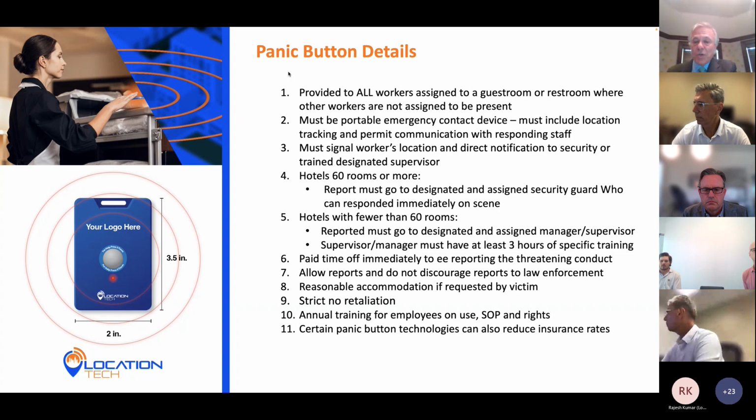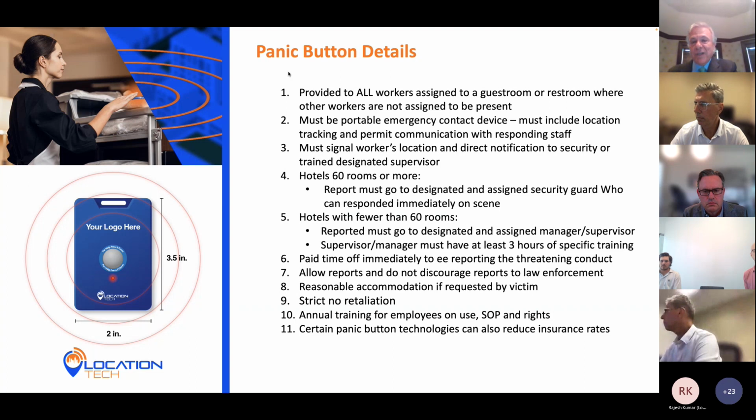There's a very strong no retaliation provision. You can't retaliate if an employee decides to use the panic button, as long as it's not completely in bad faith. You also can't discourage them, as I said, from reporting to law enforcement, can't retaliate either.